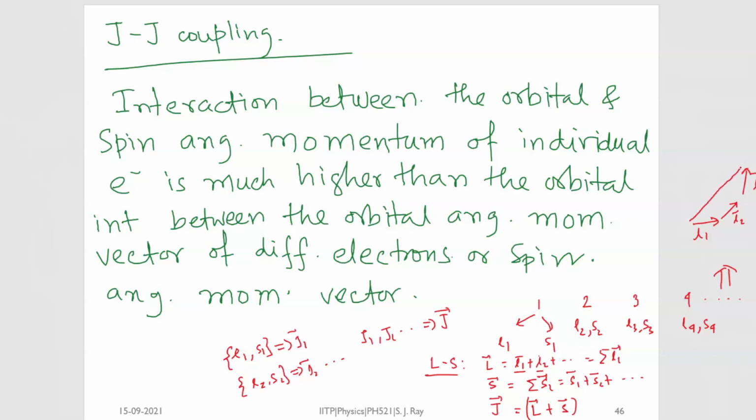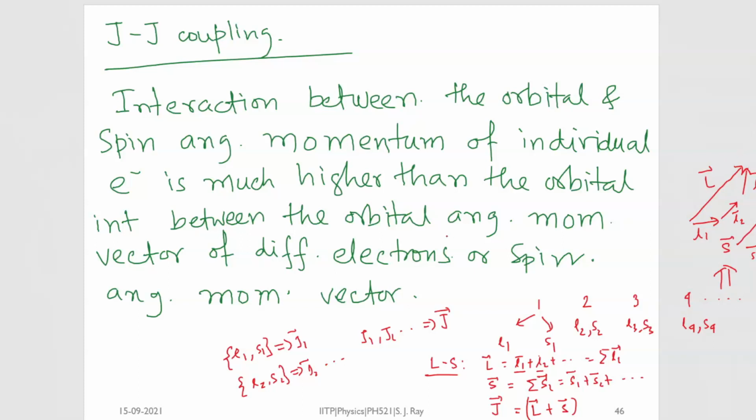They sum up to become a large L, and similarly I can have small s1, s2, and s3, which give me a large capital S. These L and S couple together to form a large J under certain conditions.